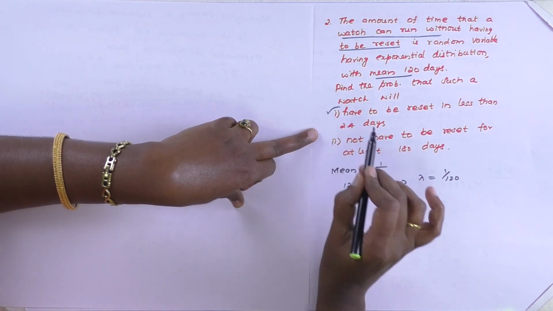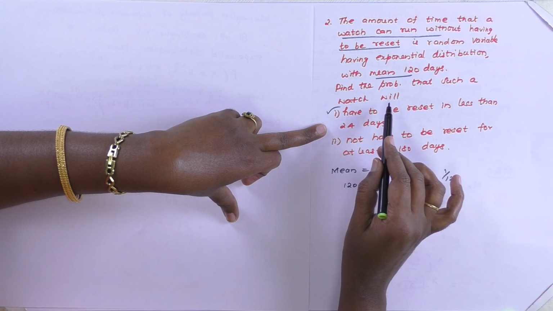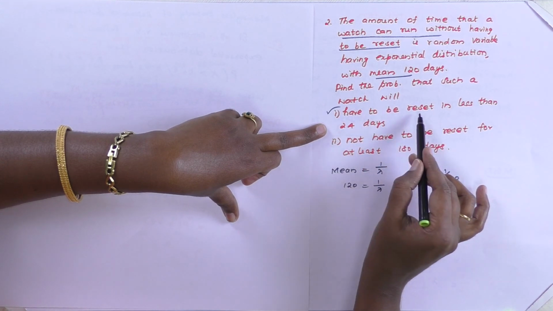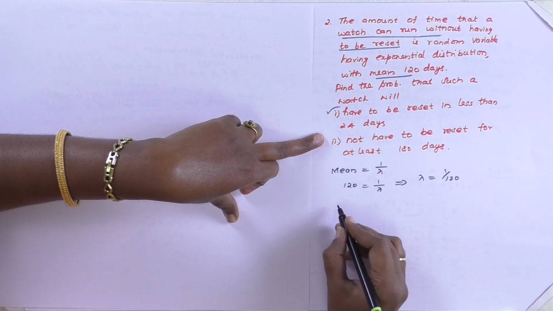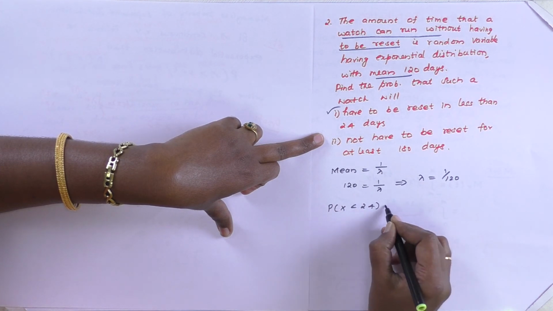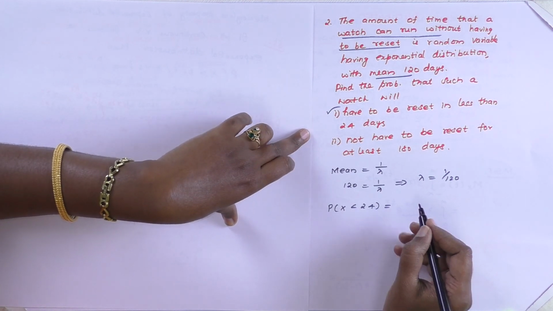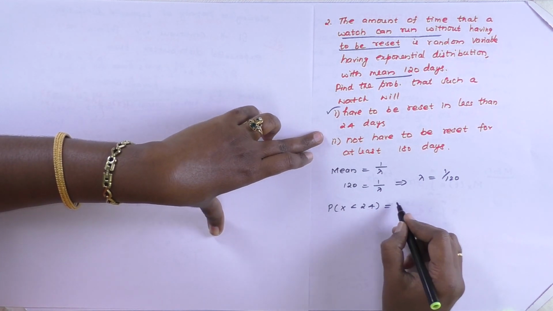Now we have to find the first subdivision. Find the probability that the watch will have to be reset in less than 24 days. Less than 24 days. The watch will have to be reset within 24 days.